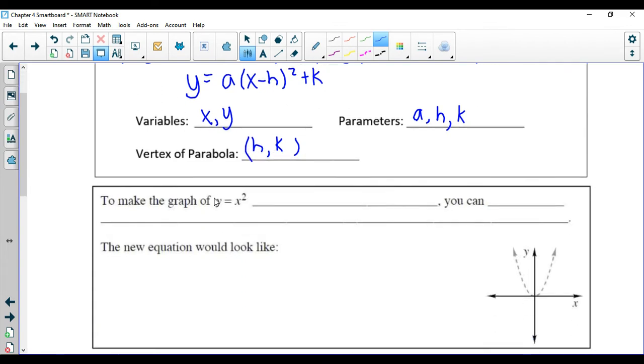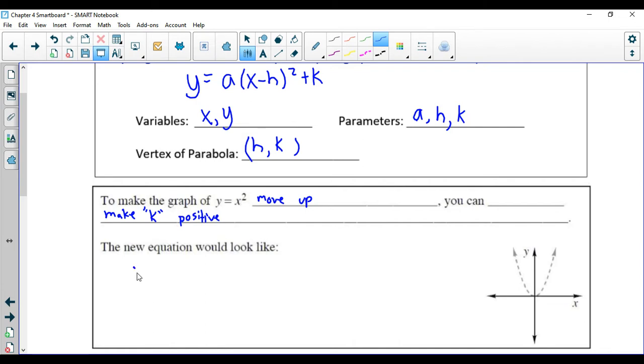So to make the graph of y equals x squared move up, we can make the k positive. And again, the k is what's added at the end.